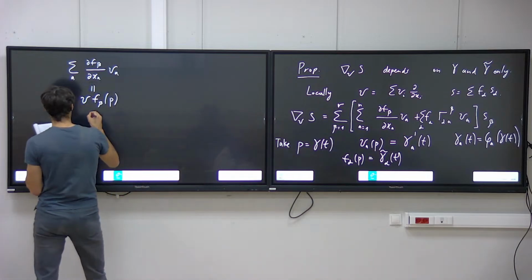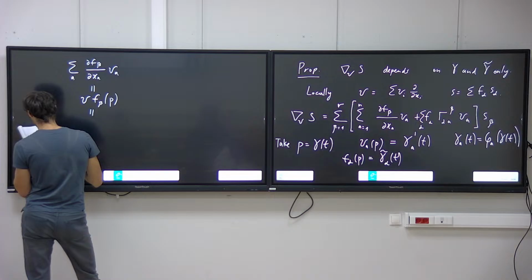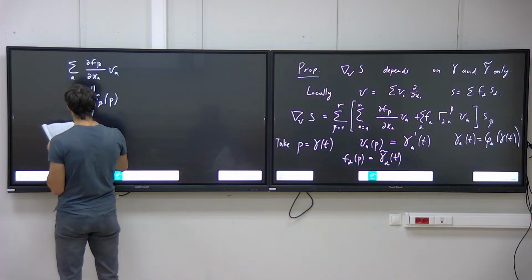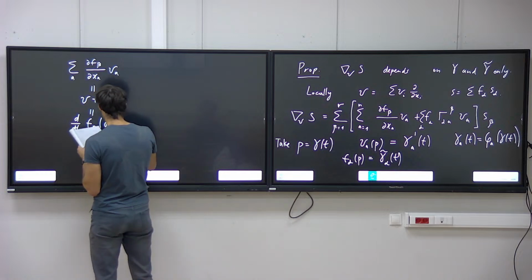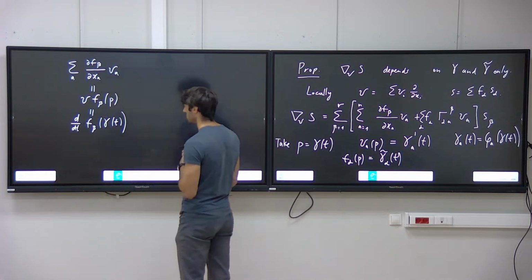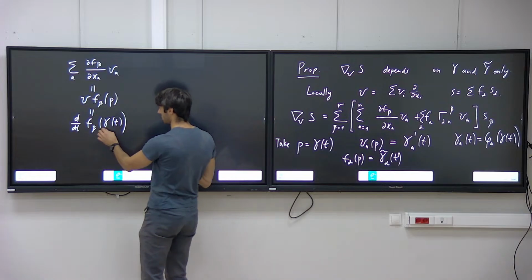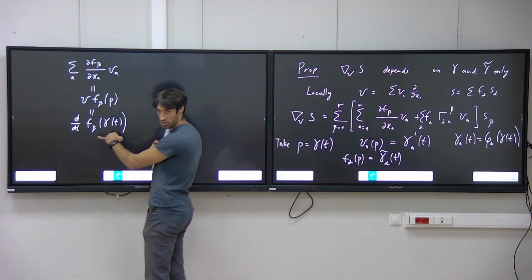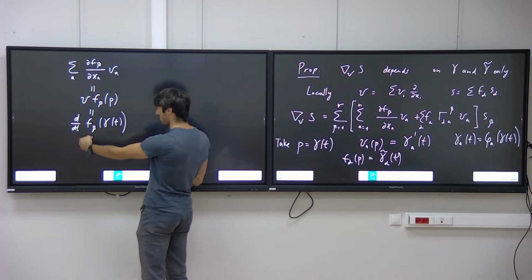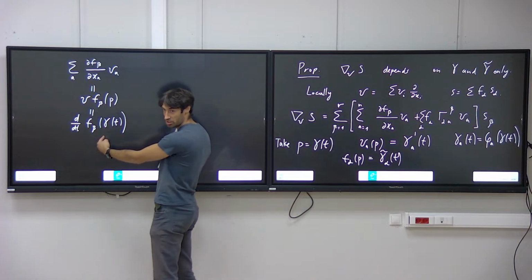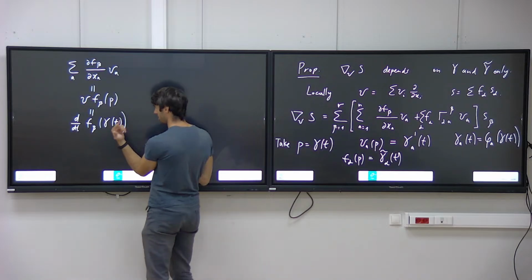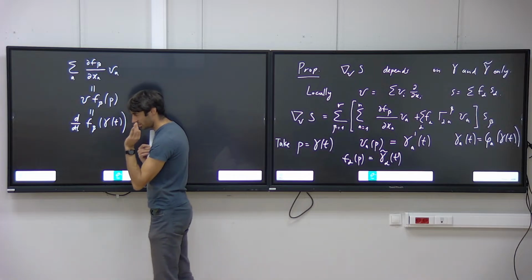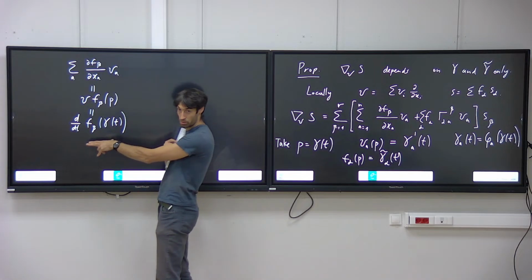But then again, it is the same as d over dt f beta of gamma of t, because v is an extension of gamma prime of t, so that's how I apply gamma prime of t to a function f beta by definition, right? Gamma prime of t is a differentiation, so that's how I apply differentiation in the direction of the curve.